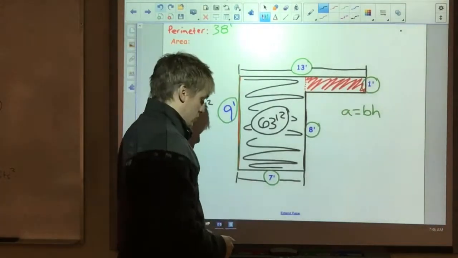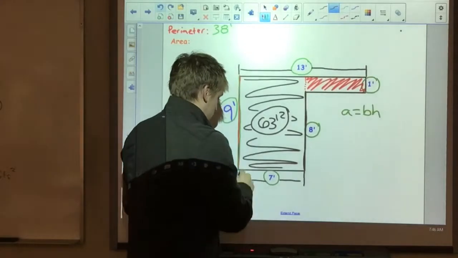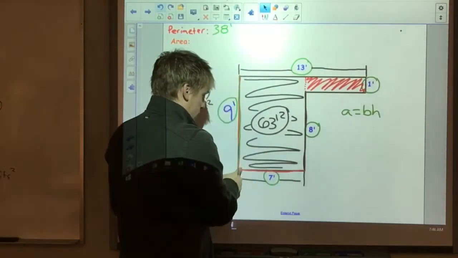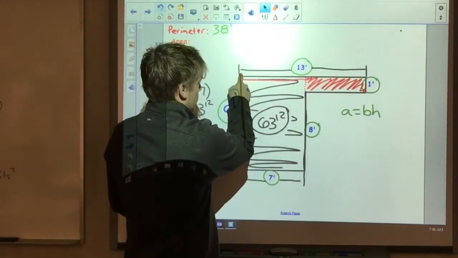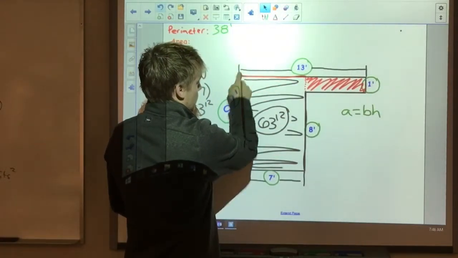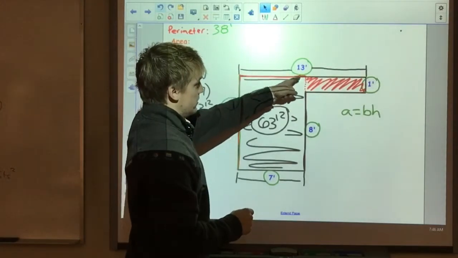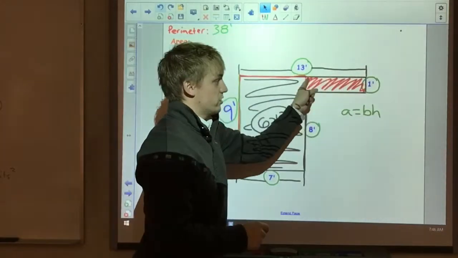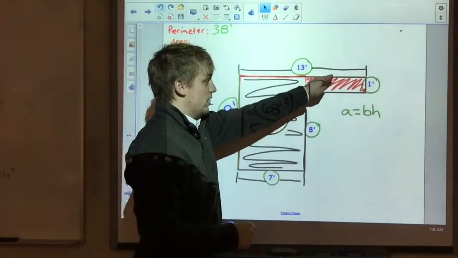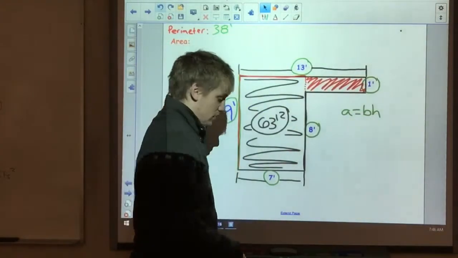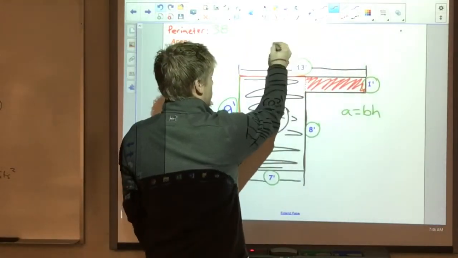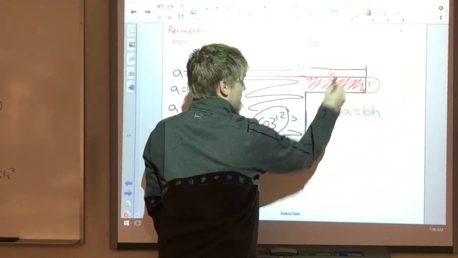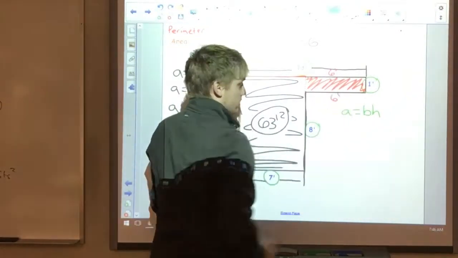If I draw a red line over top of this, drag this up, minus this line, which is 7, will give me the extra amount, and that will be equal to the base. So 13 minus 7 is 6. So this is 6 feet, and this is 6 feet.